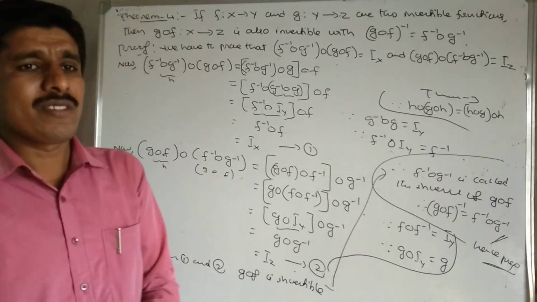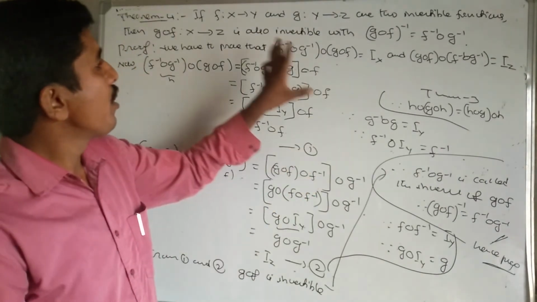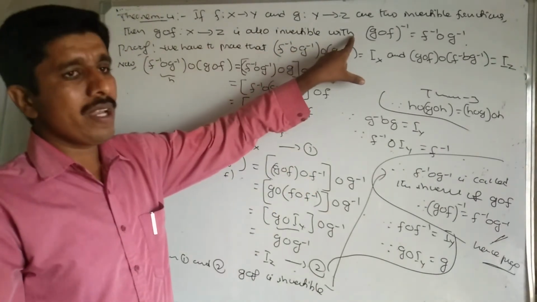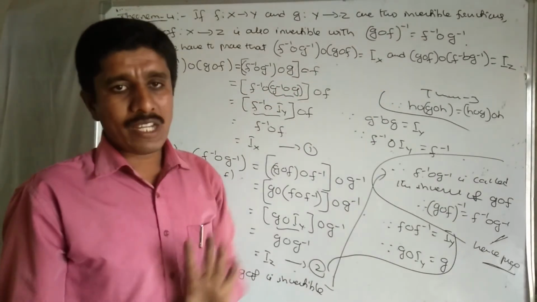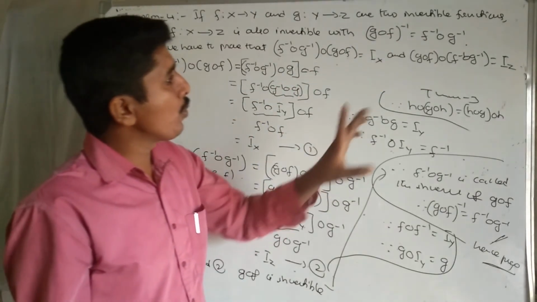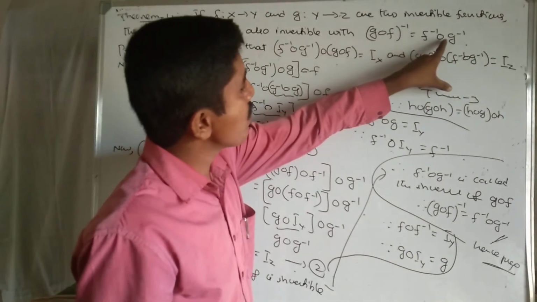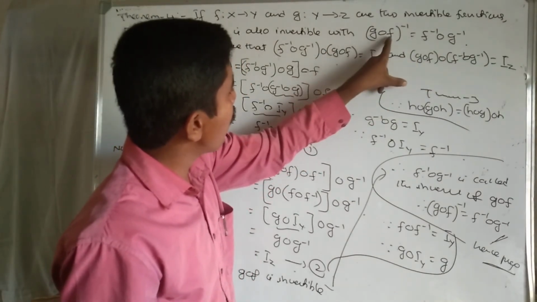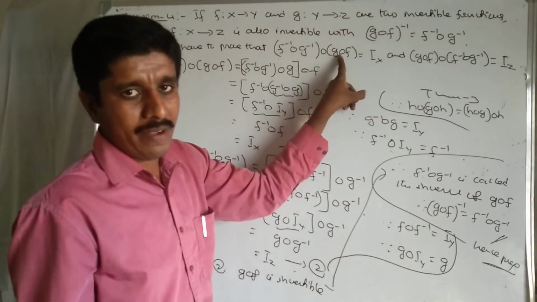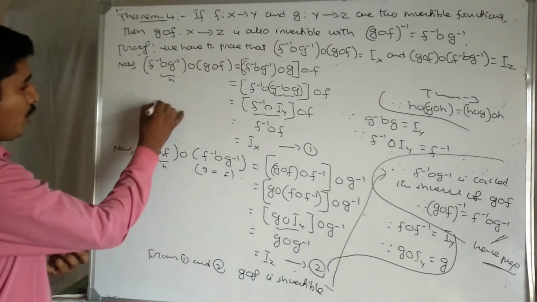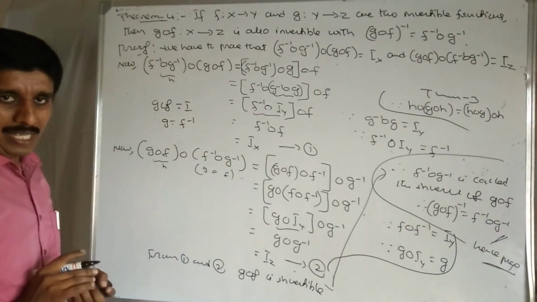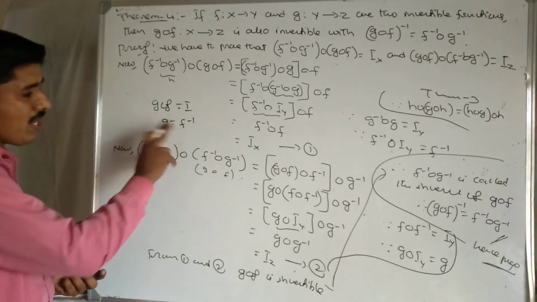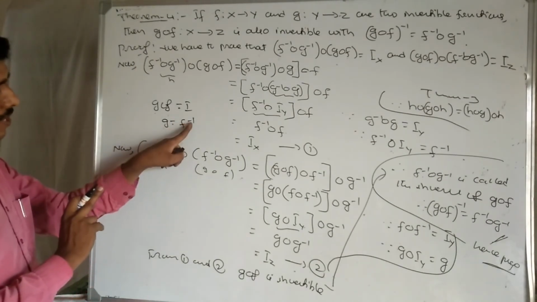So I am repeating this, don't get confused. Simple here. To prove that G o F is invertible, and that (G o F) inverse equals F inverse o G inverse, we have to prove that F inverse o G inverse o (G o F) equals the identity function. If G o F equals the identity function, then G is called the inverse of F, like that. Don't take the inverse here.